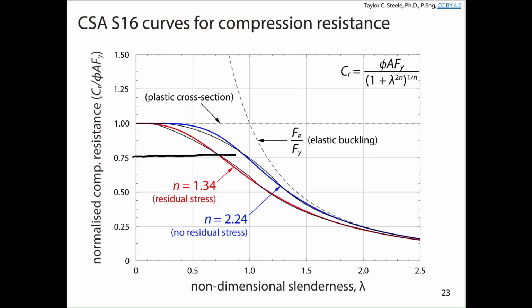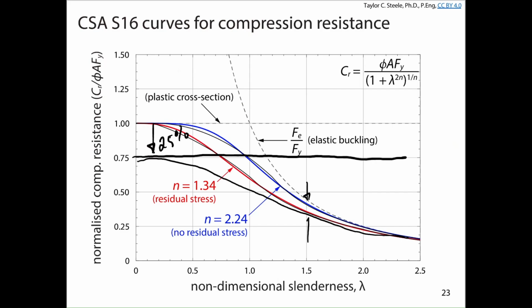If our double angles were really short, we're getting something like a 25% reduction. But the longer our angles get, we get closer to the Euler elastic buckling load, which is not affected by local buckling. And so if our angles are out here, it doesn't mean we're getting a similar 25% reduction in strength, but we will get a slight reduction in strength compared to if the section did not have local buckling.